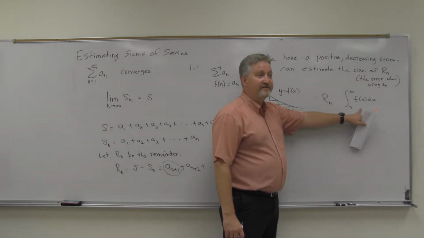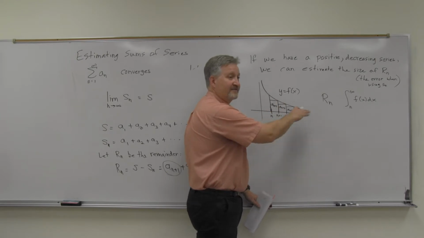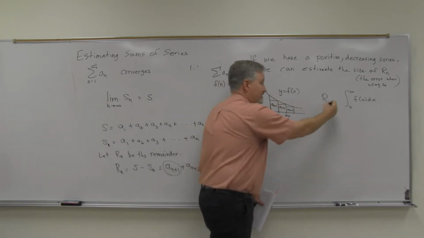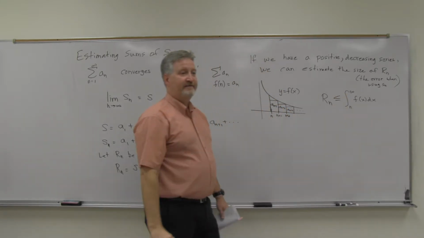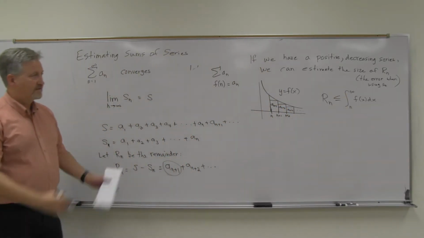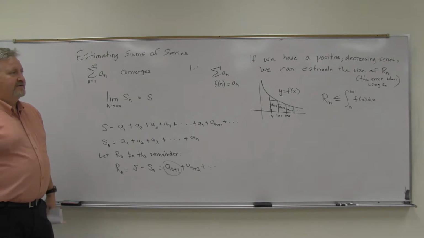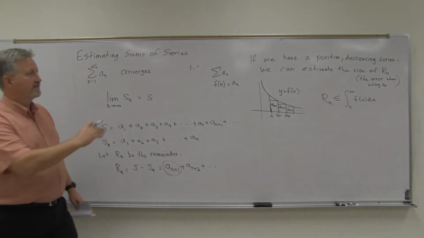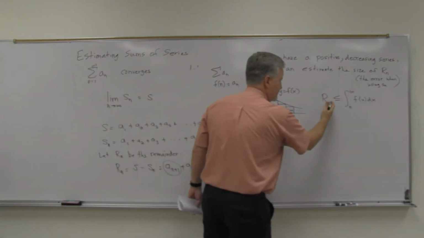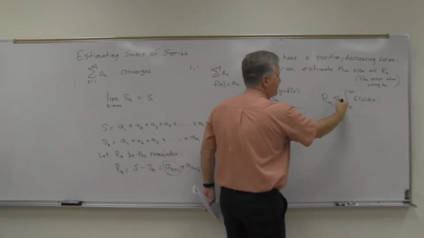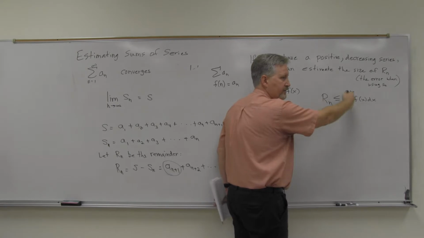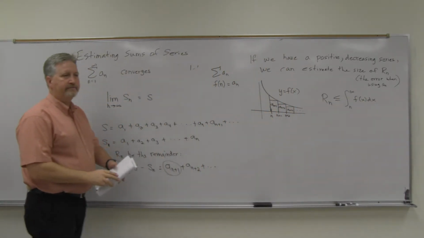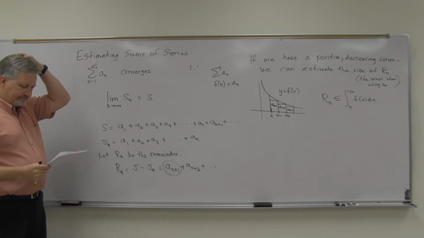It's the area under the curve. So wouldn't R sub n, these terms, be less than or equal to that? There you go. That's a way to estimate the error. R sub n represents the error, so the error is less than this integral from n to infinity of f of x dx. It's a way to estimate the error.